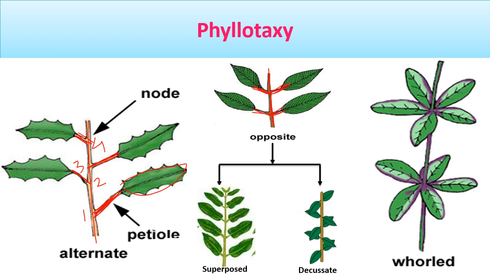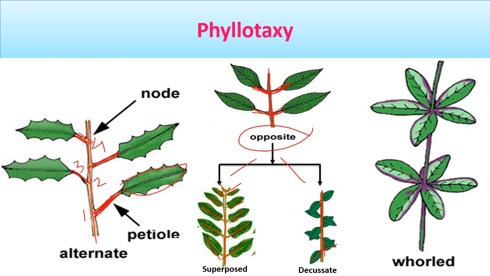Now this opposite type of phyllotaxy is of two different types. First is opposite superposed. Opposite superposed means what? See, this is one pair, this is another pair. Every upper pair is exactly above the one below. And the second type is where this is the axis.